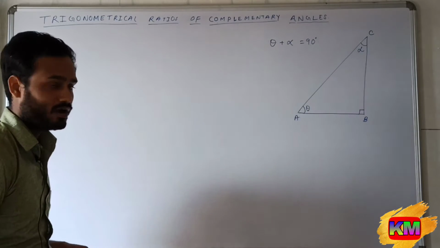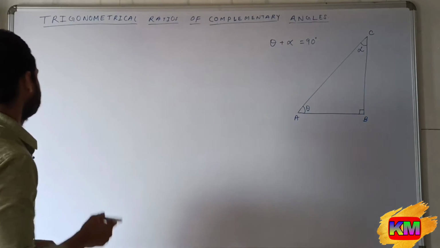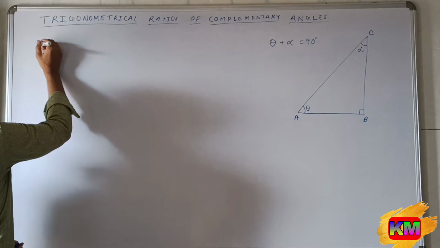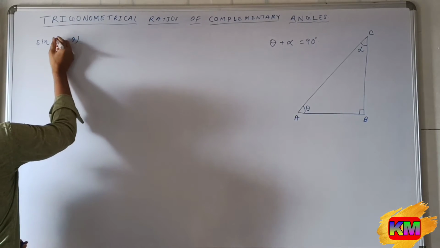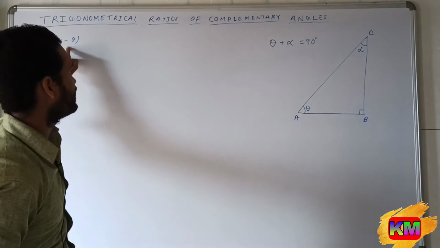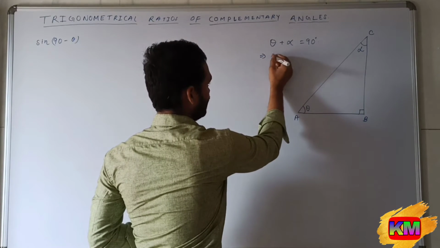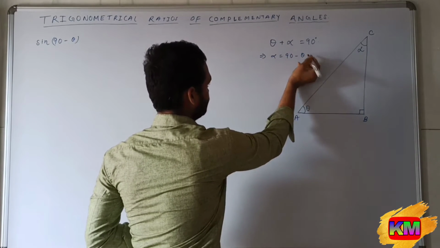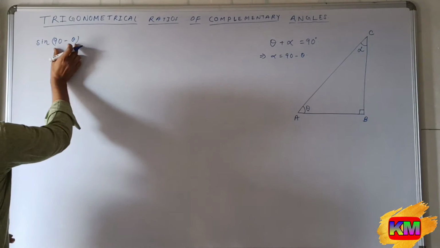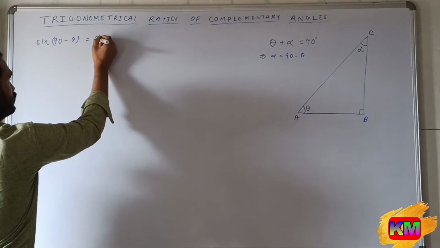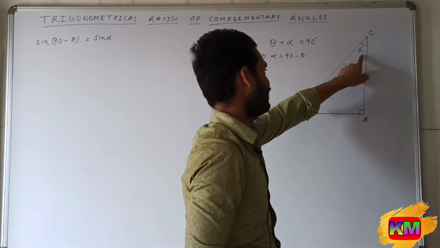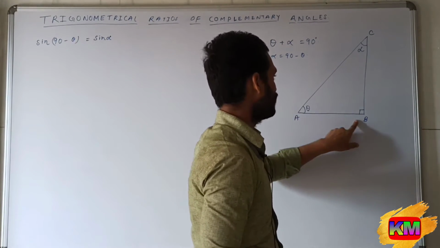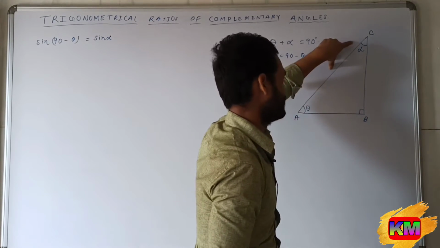Now we will see some formulas of complementary angles, that is, sine 90 minus theta. From here we can write alpha equals 90 minus theta. So sine of 90 minus theta is equal to sine alpha. Now for angle alpha, AB is perpendicular and AC is hypotenuse.